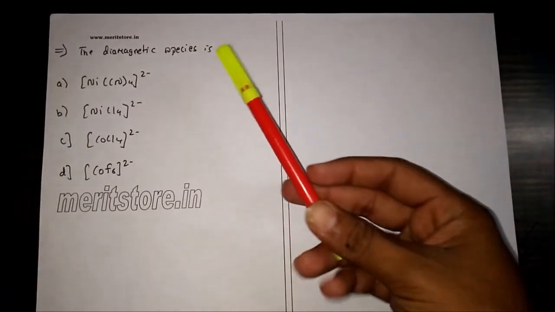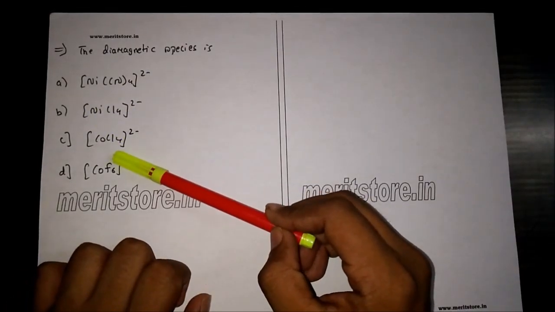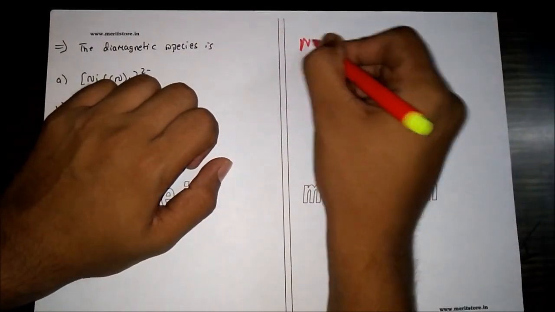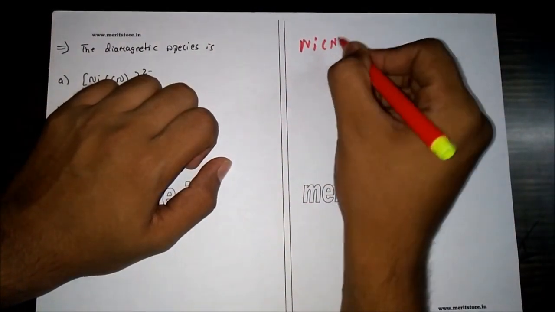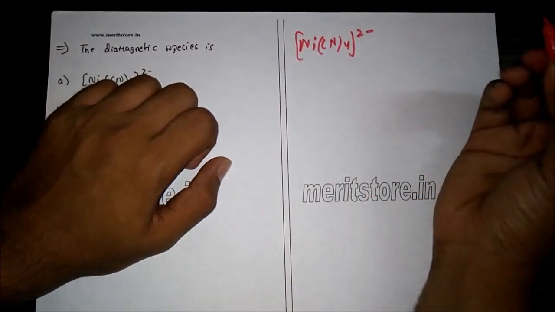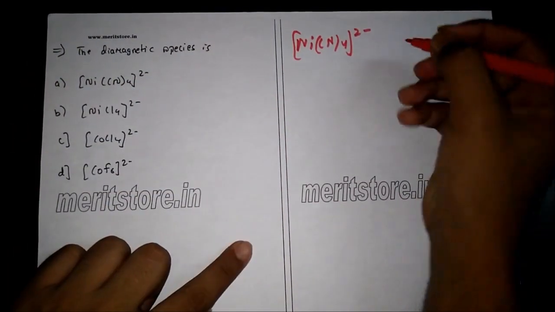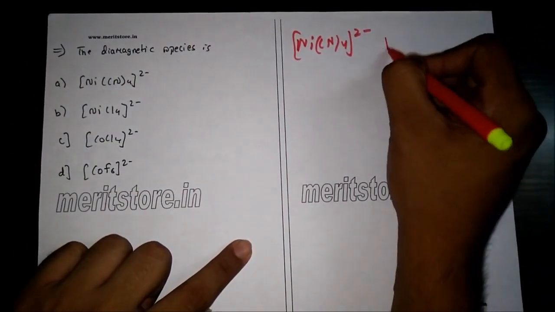The diamagnetic species is Ni(CN)4, NiCl4, CoCl4, or CoF6. Now, let's look at this. First option, Ni(CN)4 2 minus. Now in all the four options, sp3 is empty, so they will have d electrons.